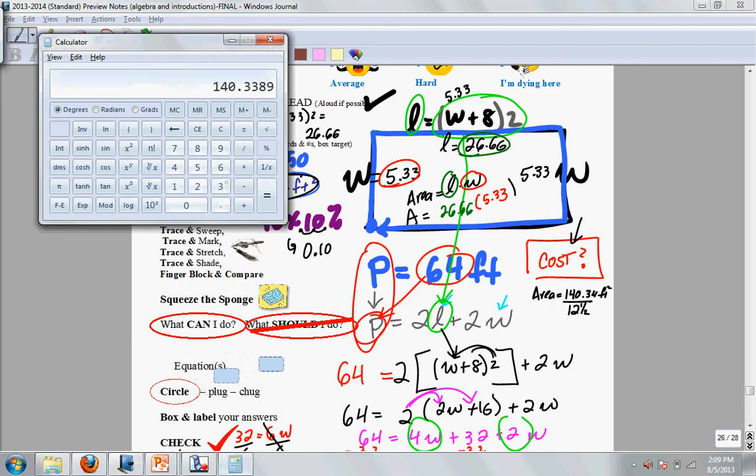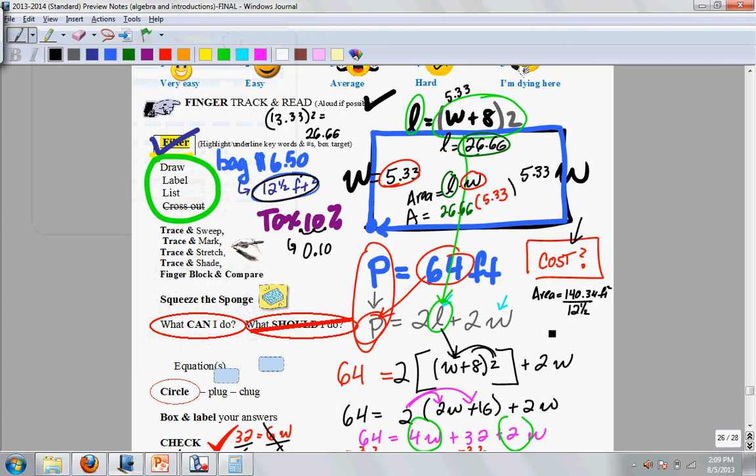So we have 140 divided by 12.5. And we get 11.22 bags. Now, warning, in real life, you cannot walk out of Home Depot or Orchard Supply with 0.22 of anything. So technically, you're going to be purchasing 12 bags.